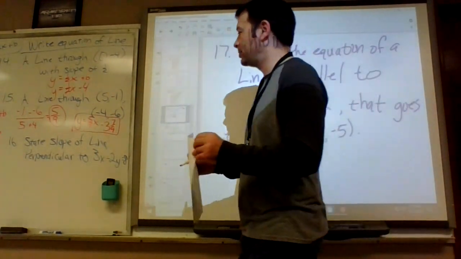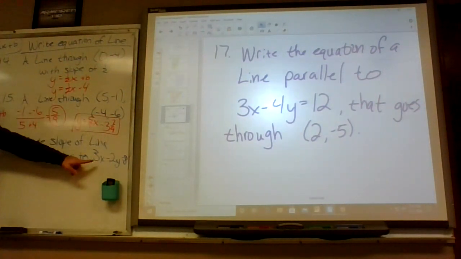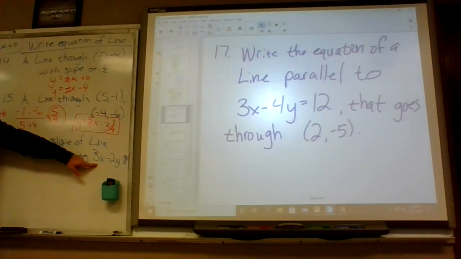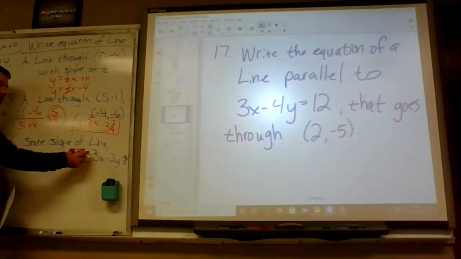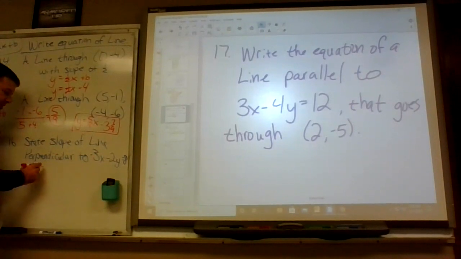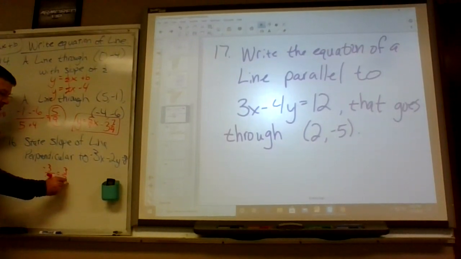Okay, number 16. You guys remember the fast forward trick? What is the slope of this line? -3 over -2, which is 3 over 2. Then you have to do perpendicular.